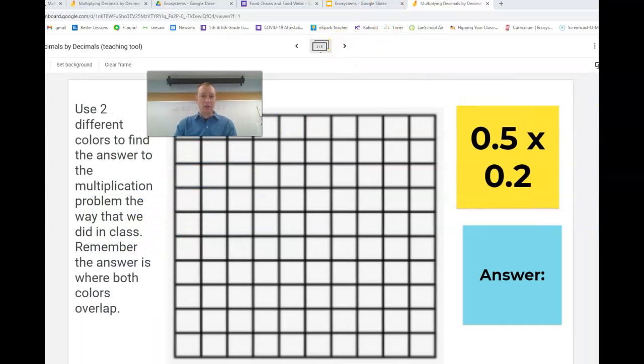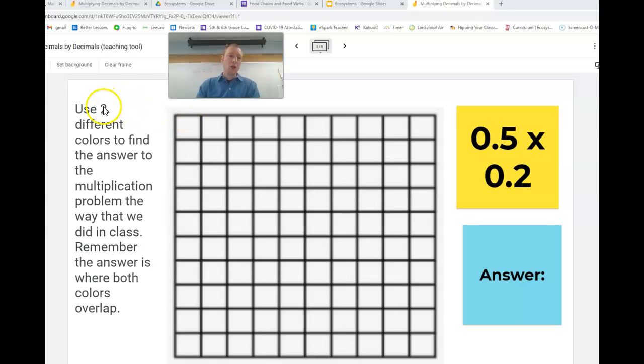All right, so here, this is what your classwork section is going to look like. You're going to use two different colors to find the answer to the multiplication problem. All right, so the first thing we need to do is we need to shade in 5/10. Remember, each of these columns is 1/10. So let's shade in 5/10. So there's 1/10, 1/10, 2/10, 3/10.